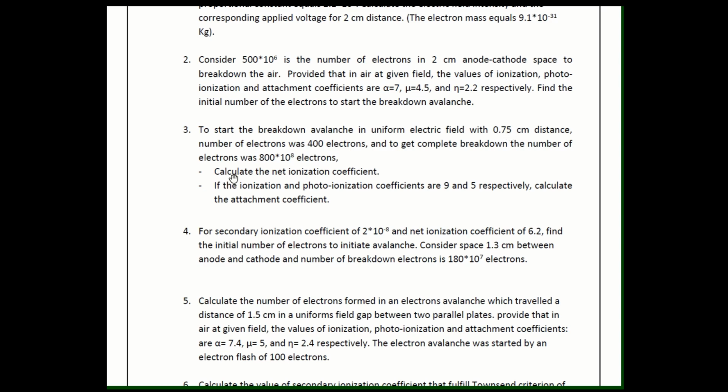He wants us to calculate the net ionization coefficient, and second, if the ionization and photoionization coefficients are 9 and 5 respectively, calculate the attachment coefficient. So let's move on to the answer sheet to see how we can solve these problems.